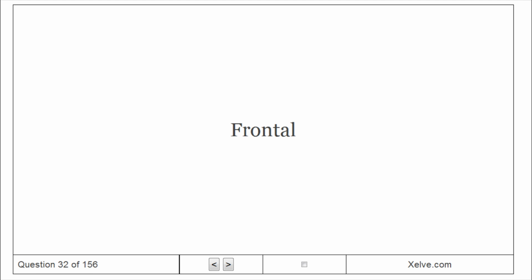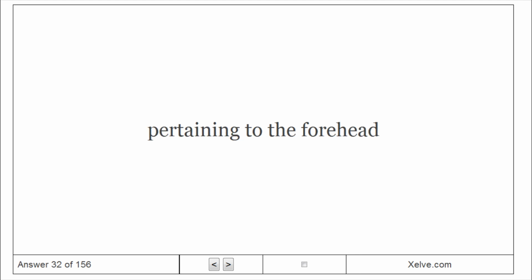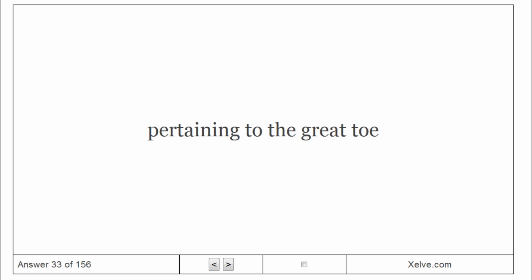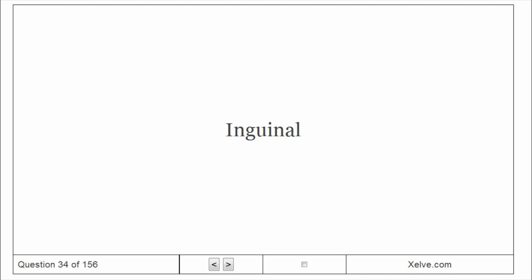Frontal: pertaining to the forehead. Hallux: pertaining to the great toe. Inguinal: pertaining to the groin.